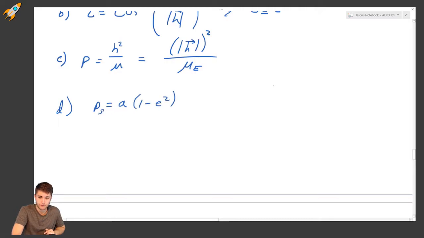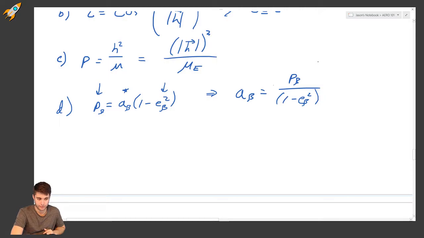P of beta is a of beta times 1 minus the eccentricity of beta squared. I'll be consistent right here. We know the semi-latus rectum, and we know eccentricity now. We want the semi-major axis; this is what we're solving for. So let's solve for that. Your semi-major axis of beta is going to be equal to your semi-latus rectum of beta divided by 1 minus eccentricity of beta squared. And you have all of this information here.